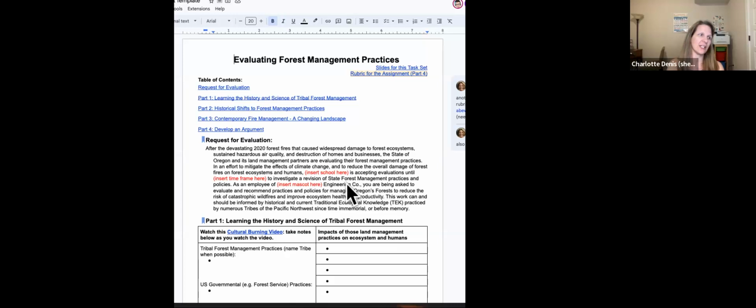And so it's set up as an engineering project, right, with the request for proposal, or in this case, request for evaluation, where we're asking students to do those things in order to mitigate effects of climate change, reducing overall effects of wildfire on forest ecosystems. And we're specifically calling out that we want students to inform their view with historical and current traditional ecological knowledge that is practiced by our local tribes and has been practiced by them since time immemorial.